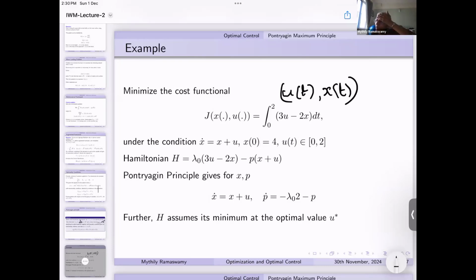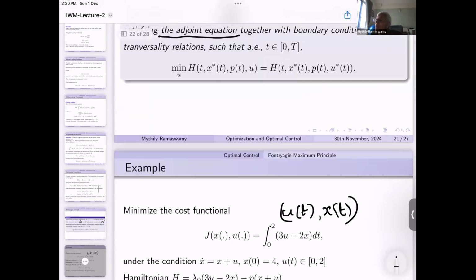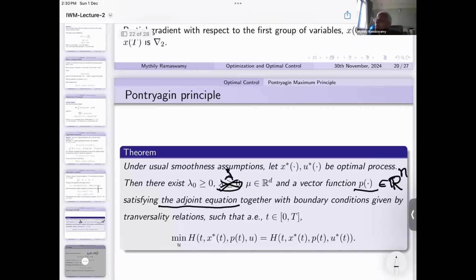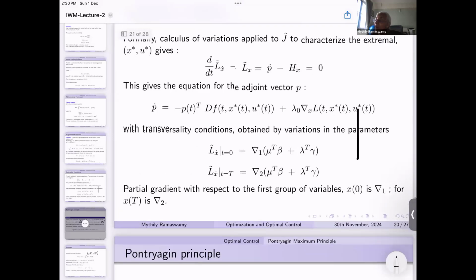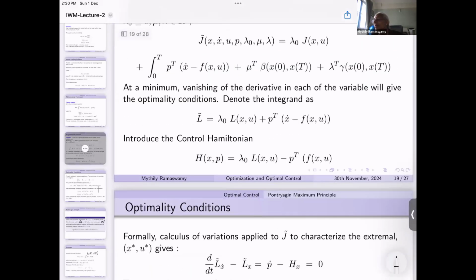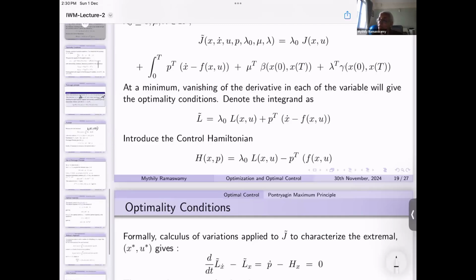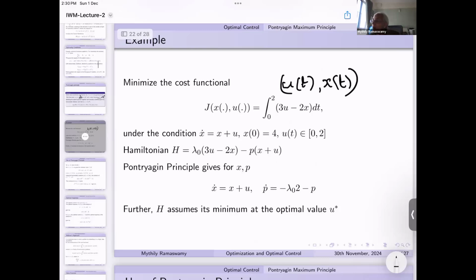So first thing to write down, let me recall what was our H. The H was lambda naught times L, the integrand in the original J, minus p transpose f(x, u).